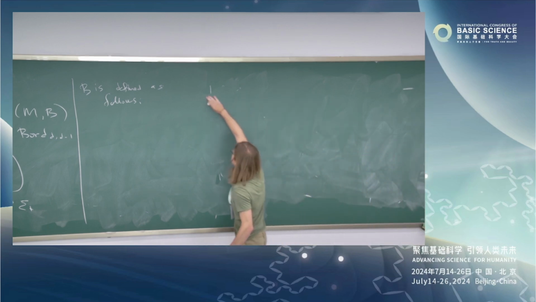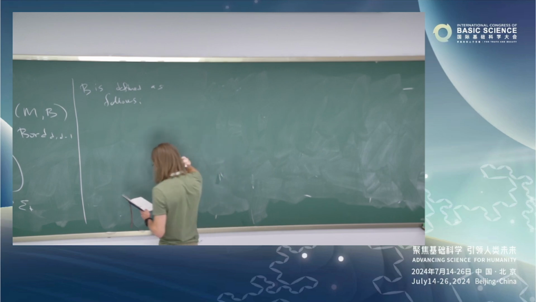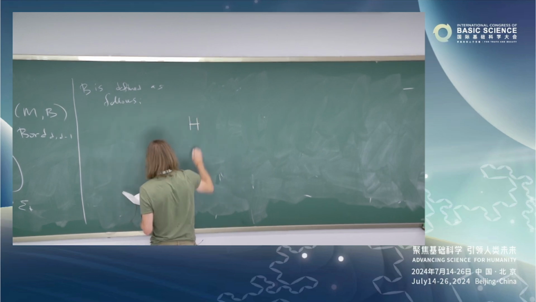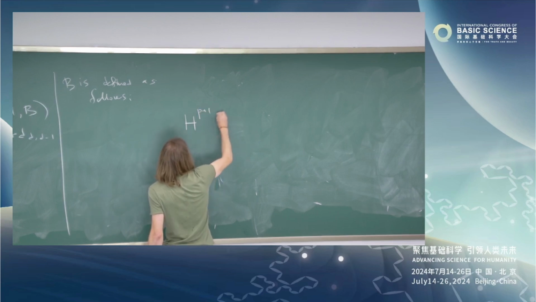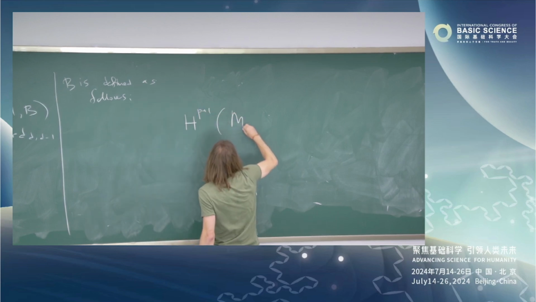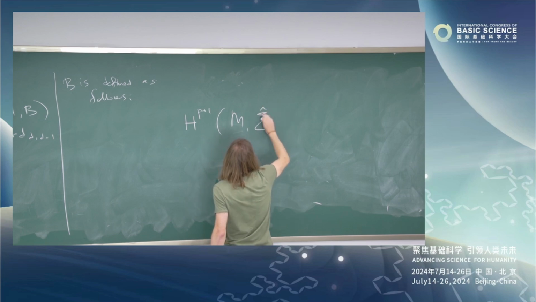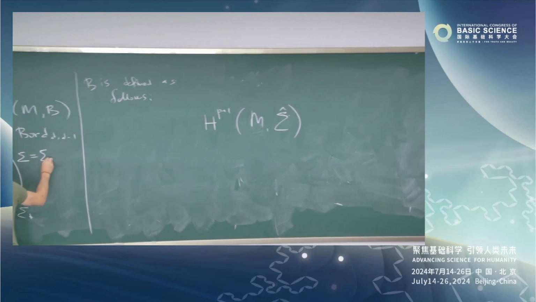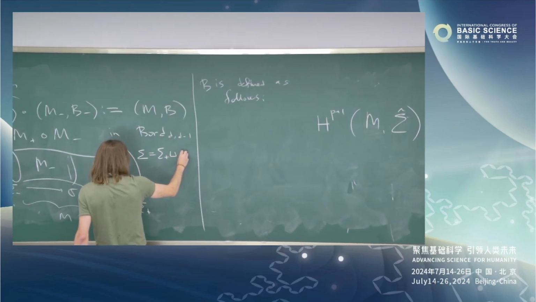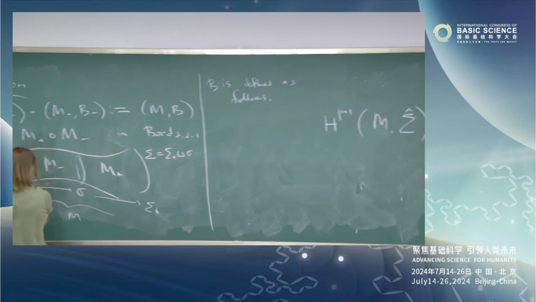So first, we can consider the following part of the long exact sequence of relative cohomology groups. By capital sigma without index, I denote the union of all these three guys.